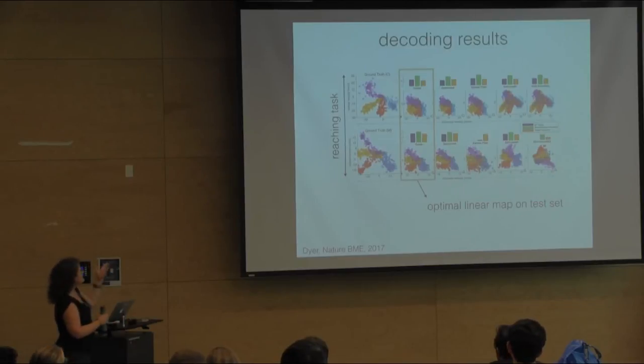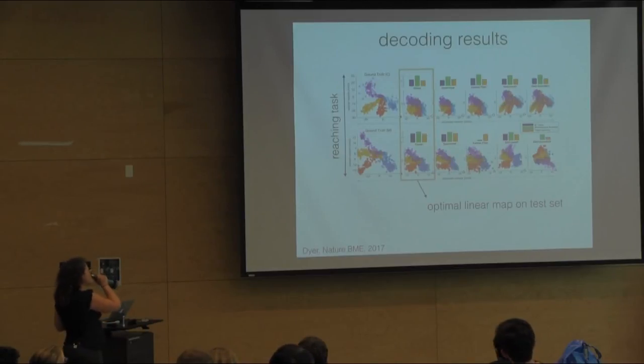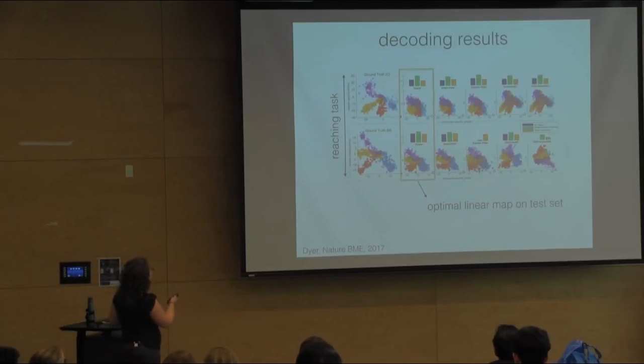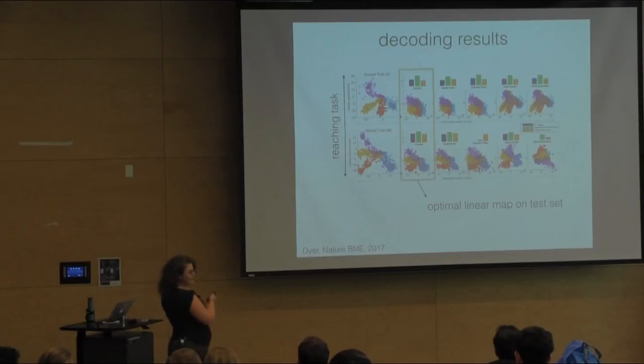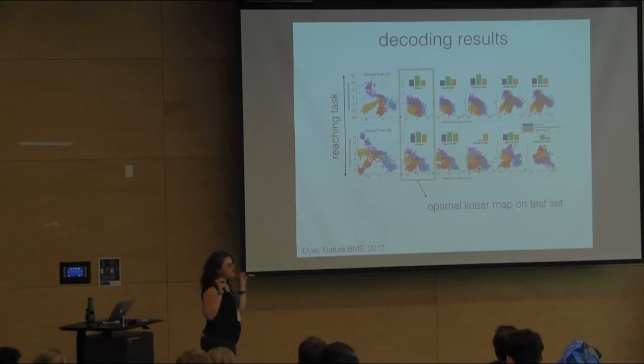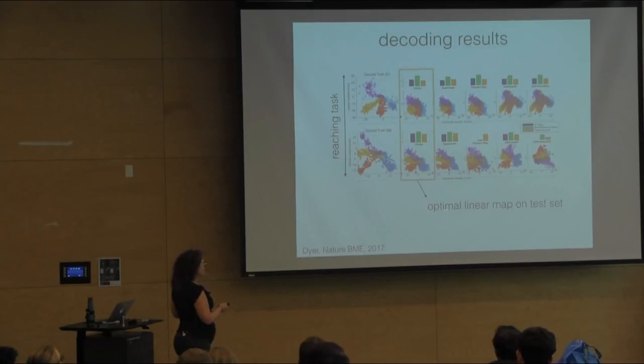Okay, so this is showing the results of the algorithm that I described, the distribution alignment decoding, for two different subjects doing the same reaching task. Here we have the actual ground truth of the movements for subject M and subject C. Then we can compare against this oracle, which is an upper bound on the best case that a linear decoder could do.